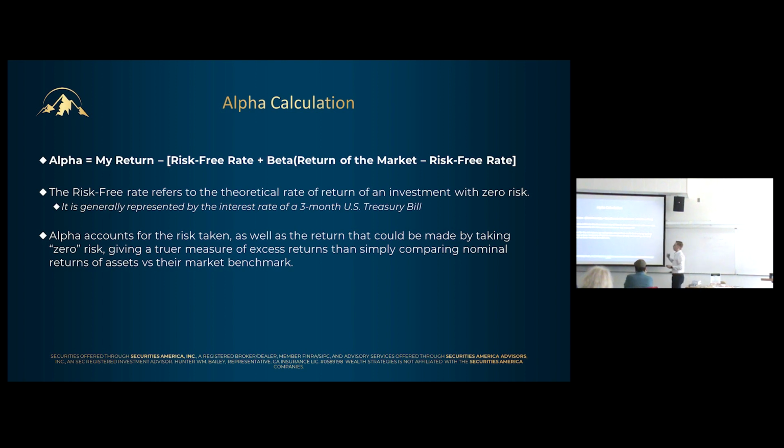So generally what we're using in broad conversation in industry is a 3-month US Treasury bill. That's the closest thing we've got to a no-risk investment, where you're still earning a decent amount of interest. Nowadays we would assume probably something between 3 and 5%, biasing towards the higher amount.